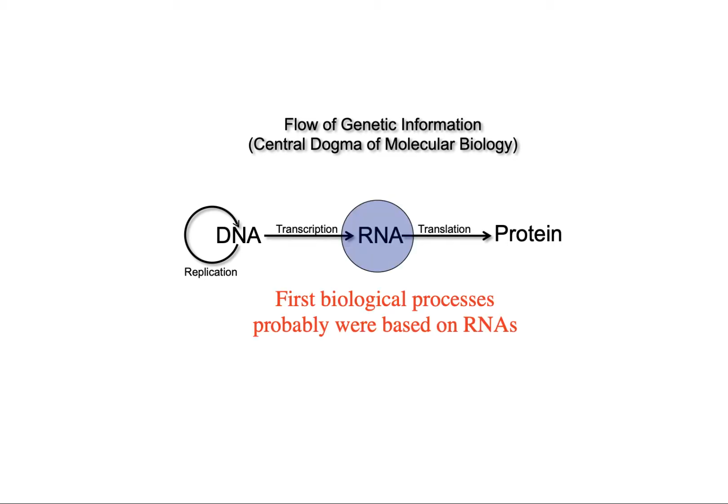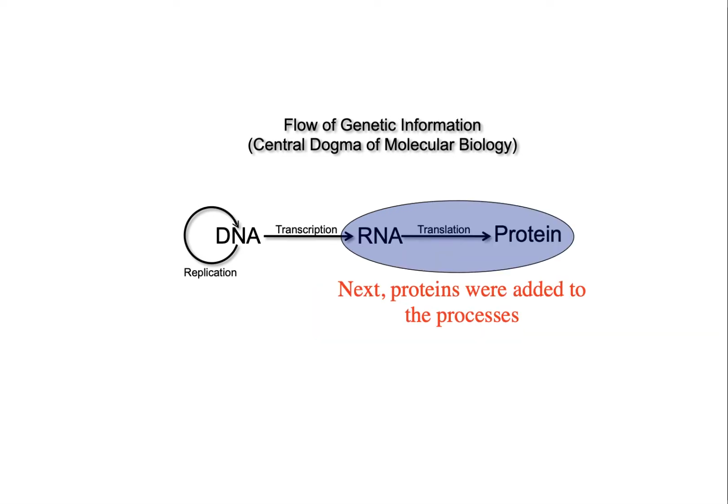So if we put it together in an evolutionary sense, then RNAs here, those were the first biological processes, were probably based on RNAs and probably some small peptides as well. Next, the RNAs became more elaborated, and then the first ribosomes evolved. So now you had true protein synthesis.